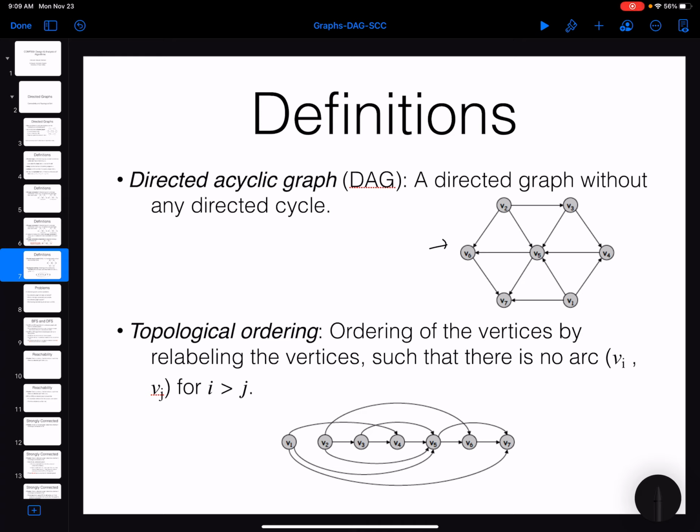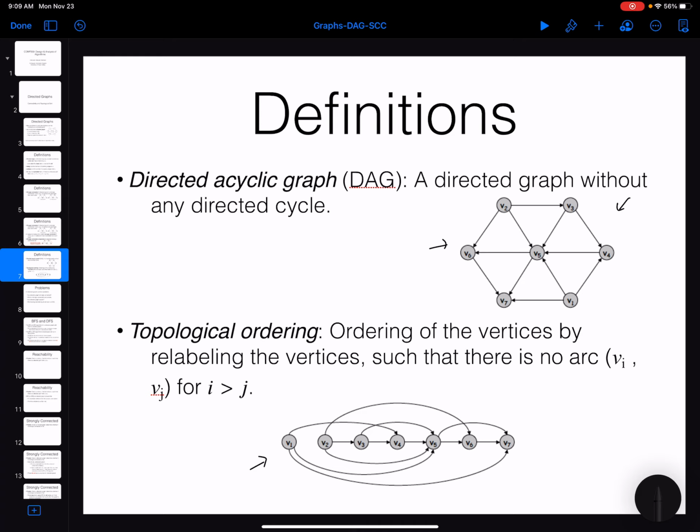For this graph that doesn't have any directed cycle, I can order the nodes and put them in this order. You can see that all the edges are going forward, from left to right. We call this a topological ordering for the graph.